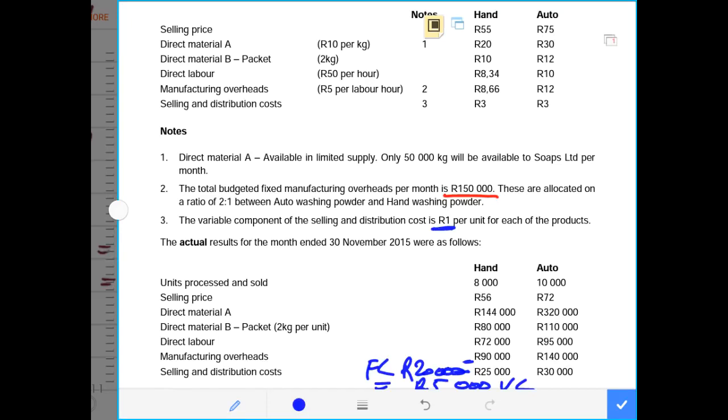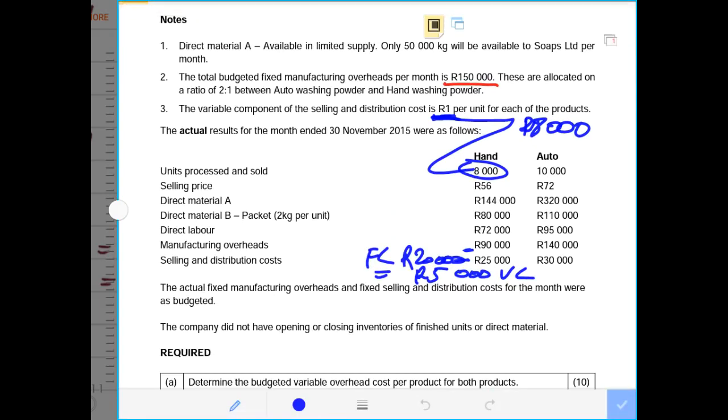In this case, our standard was 1 rand times the number of units that were sold. We get our standard selling and distribution variable. So now this will be 8,000. We compare that with the actual variable cost of 5,000, and we can already see that there was only a variance of 3,000.